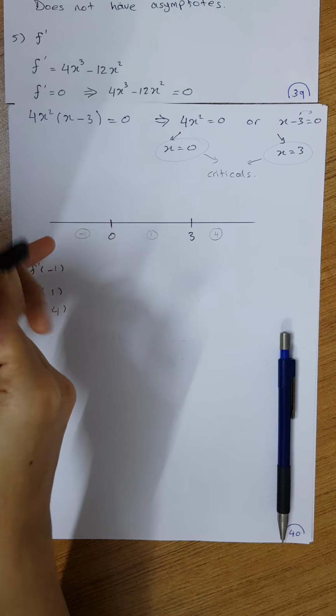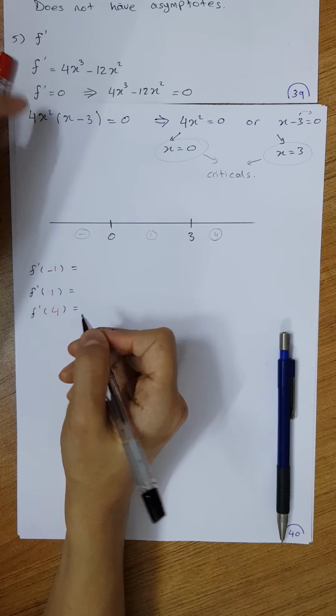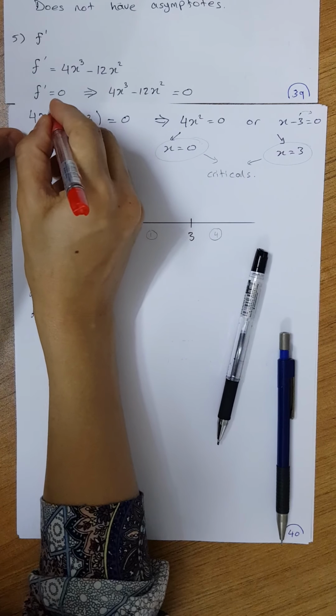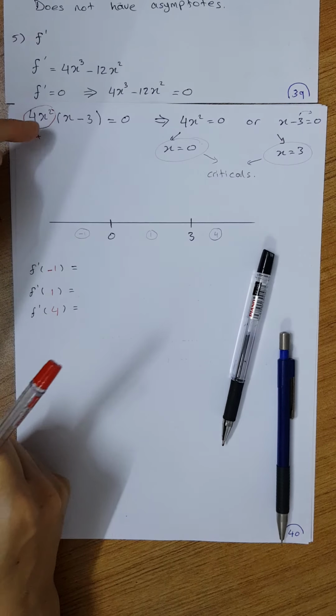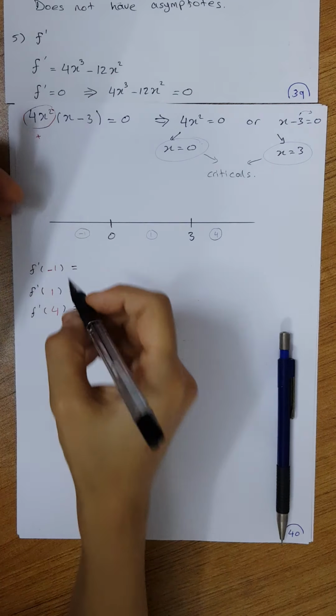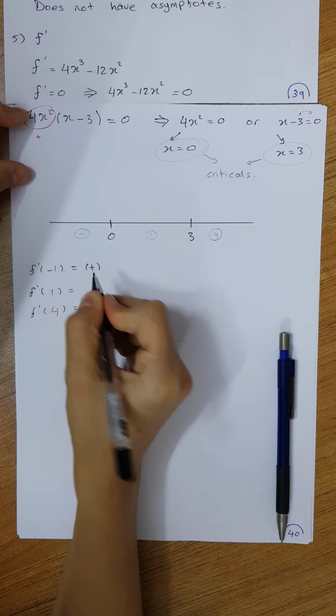If I put negative 1 in here, I will always get something positive from this part. Why? Because I have got x squared here, so if I put a negative in, I will get positive.